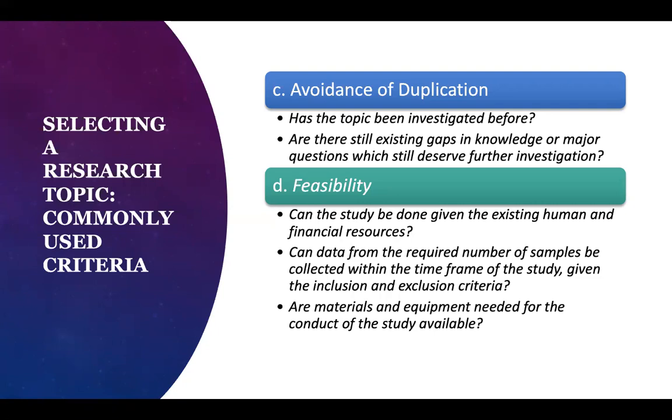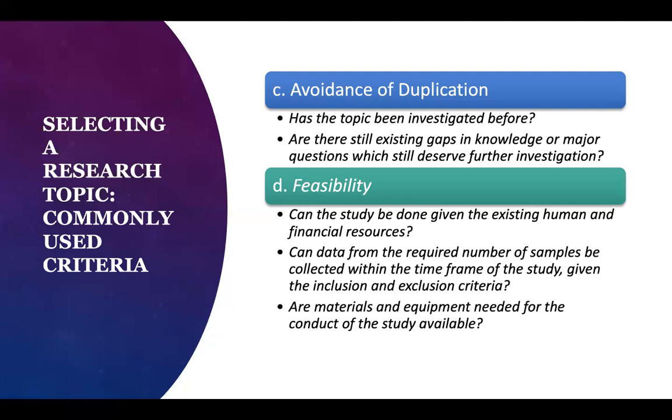Another factor is the feasibility. Can the study be done given the existing human and financial resources? So if you have a financial constraint, that could be a big factor that you will not be able to finish it. Can data from the required number of samples be collected within the time frame of the study, given the inclusion and the exclusion criteria?